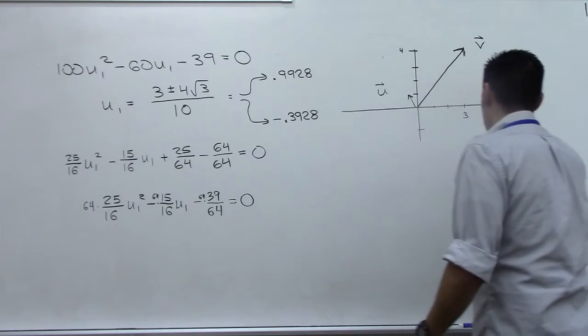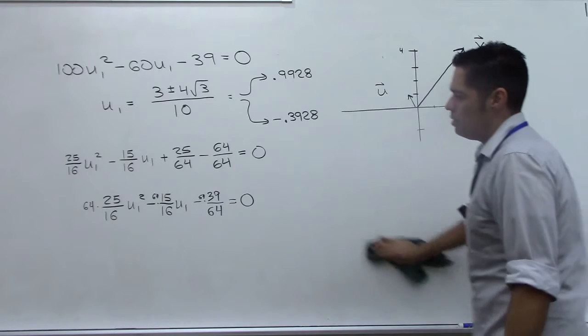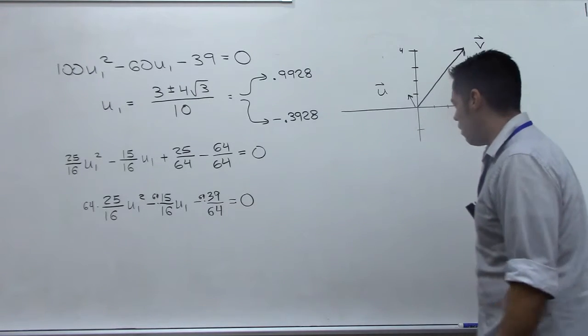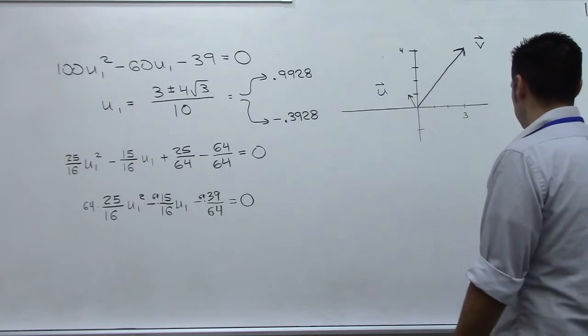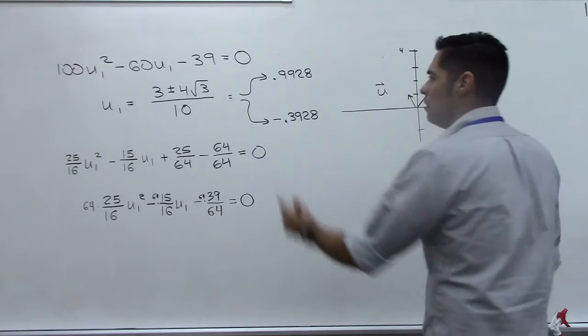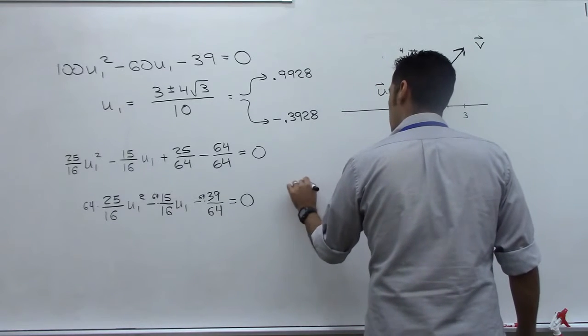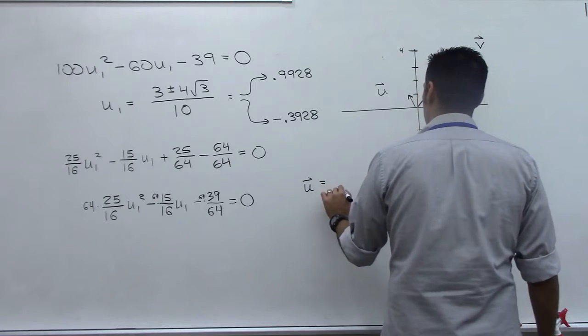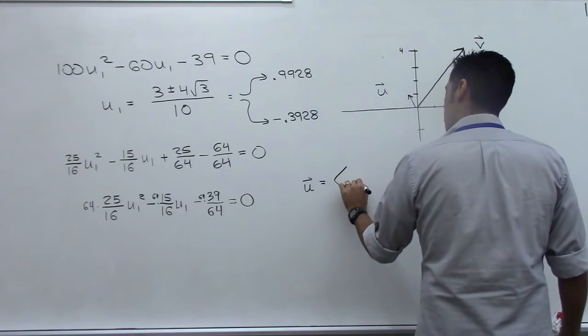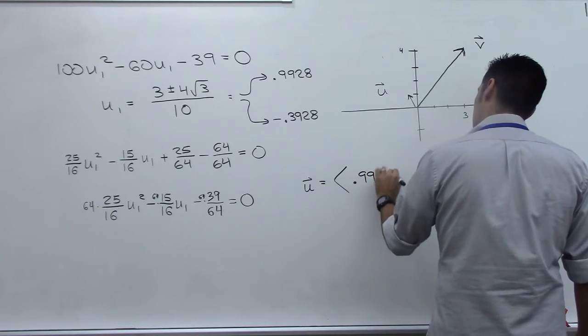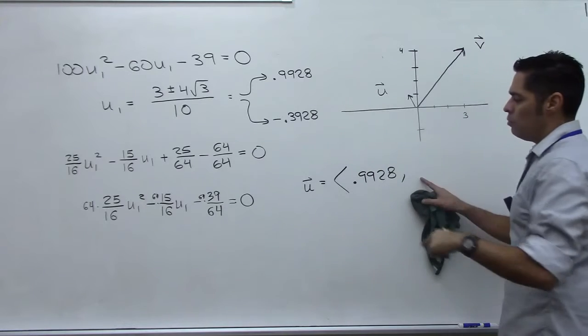And remember, we had an equation for U2. We had solved for U2 a while back. And so here's what we've got. U should be equal to the vector 0.9928. And then you have to go compute what U2 is.